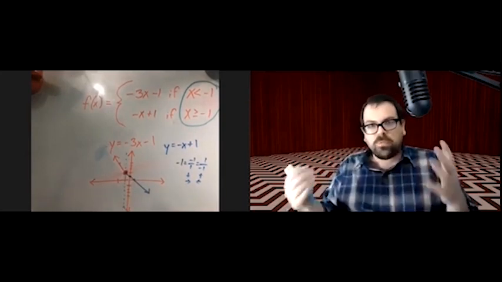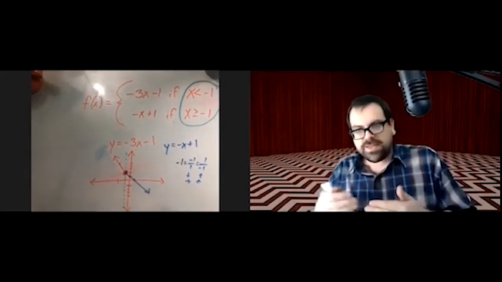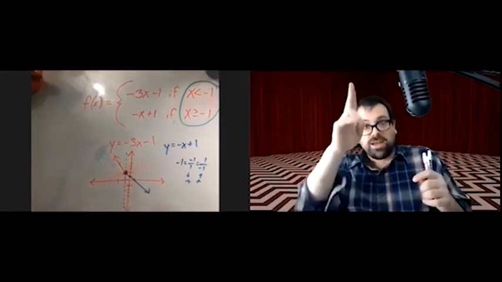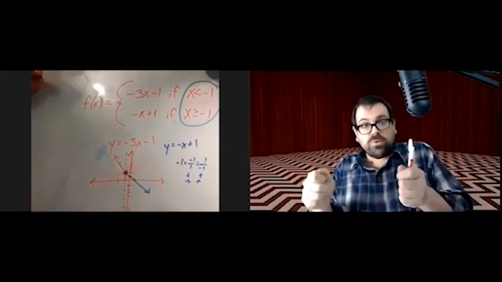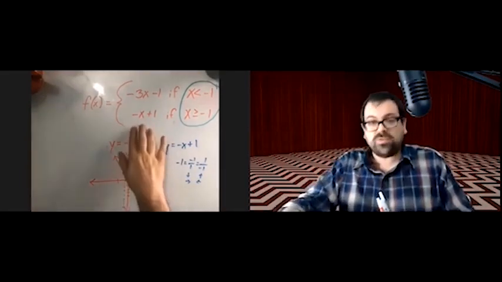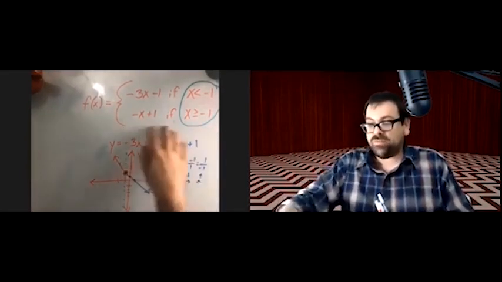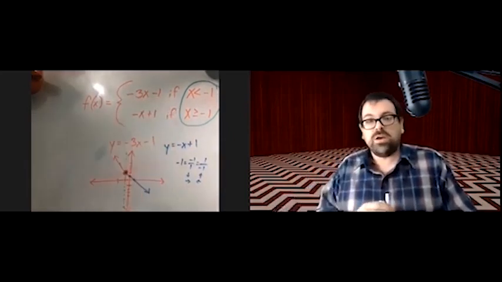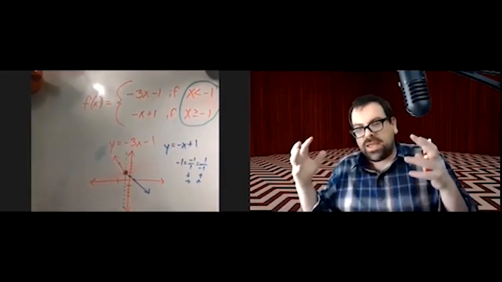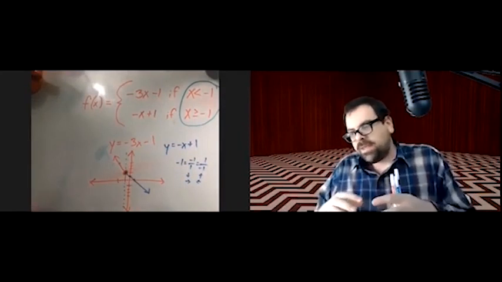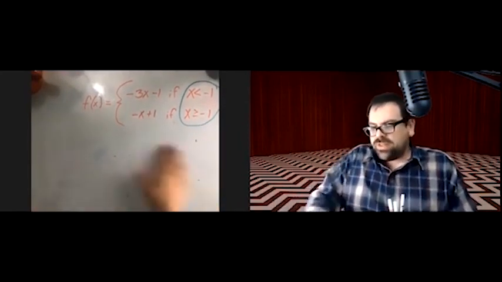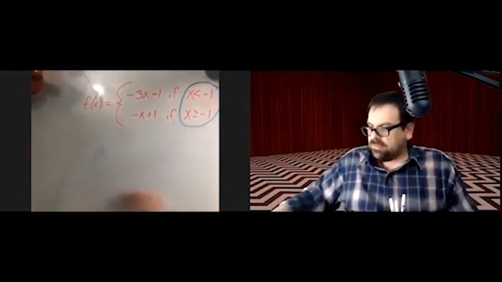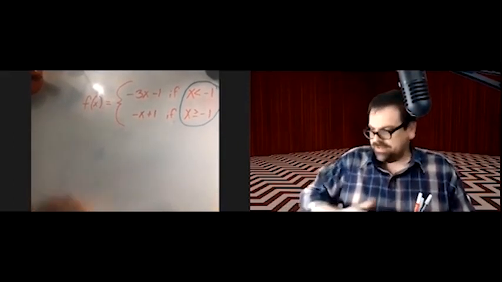So hopefully, now that I've explained it this way, that this is two full graphs that we're cutting at -1 and putting together, so that the right side of -1 is this one and the left side of -1 is this one. If you can grasp that, then the method I showed in the last lecture for graphing piecewise functions will make more sense.